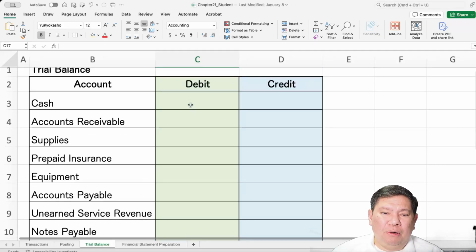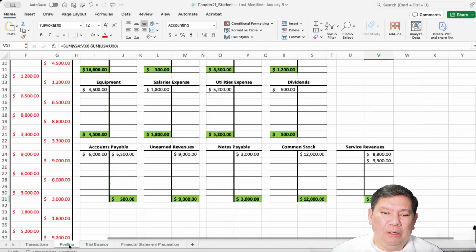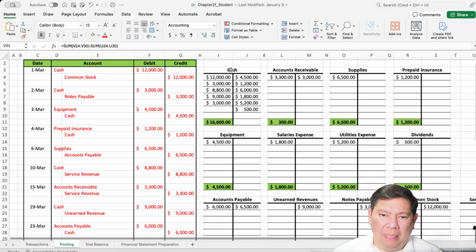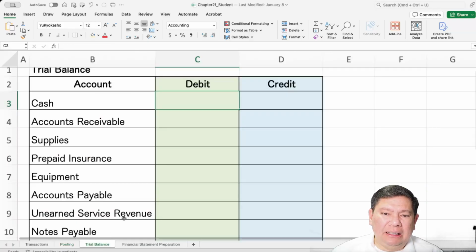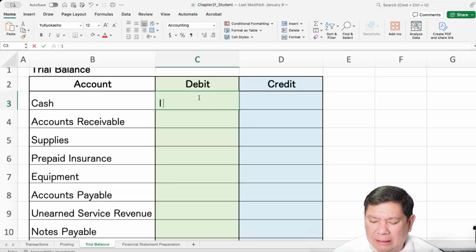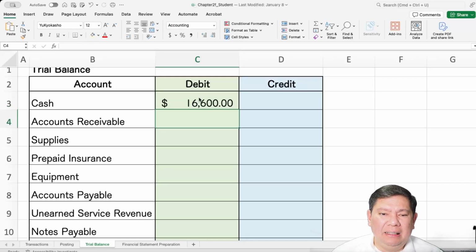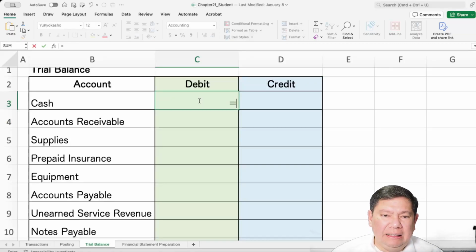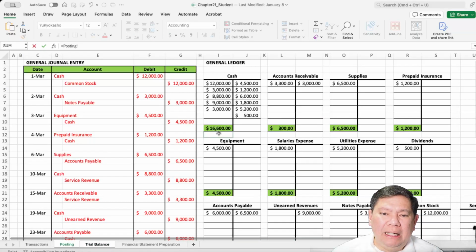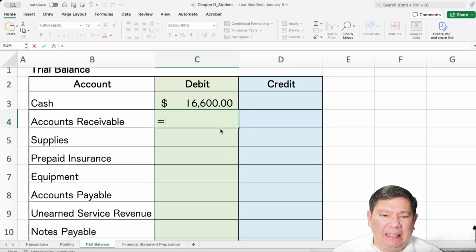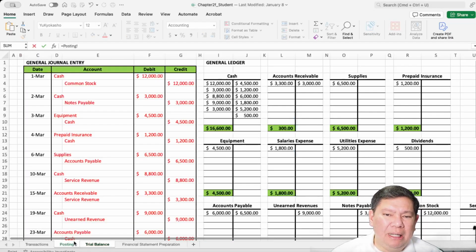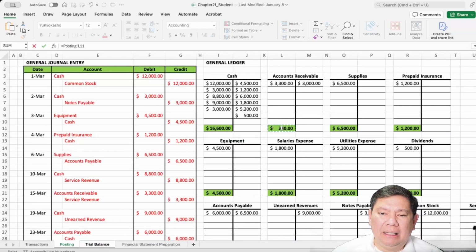Okay, so for cash here, we go to cash and find the amount 16,600. So I can just type 16,600 like that, or I can just copy that. Okay, and then accounts receivable, it's an asset, so it's on debit, 300.